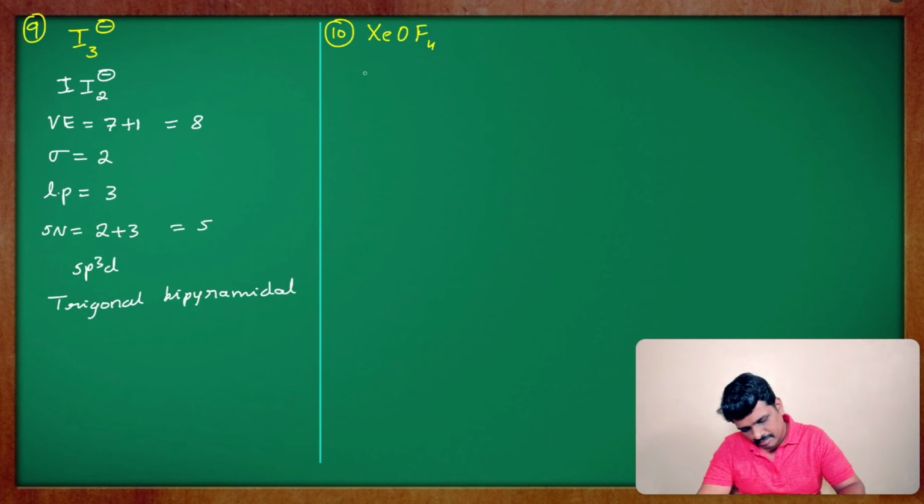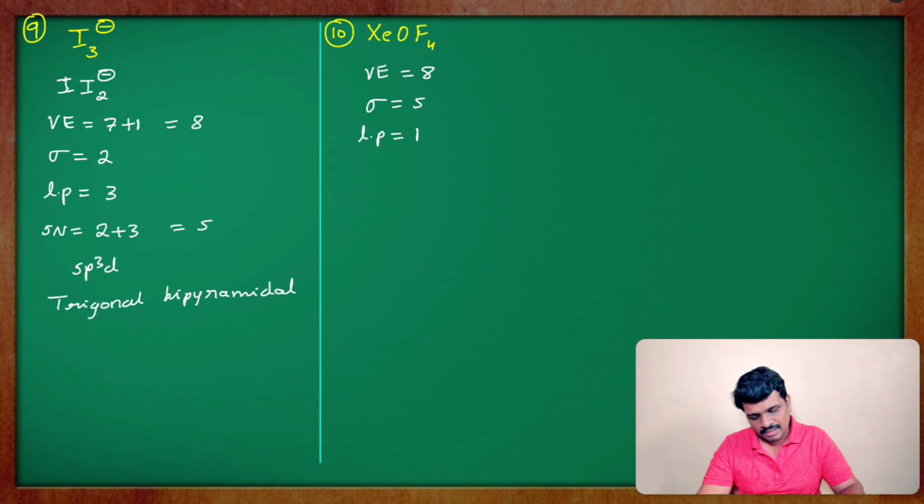Here the central atom is xenon. Valence electron in xenon is 8. Total there are 5 sigma bonds, 4 from fluorine and 1 from oxygen. And how many lone pairs are present? 8 minus 5 means 3, and there is 1 lone pair, meaning 2 electrons. So 1 lone pair is possible.